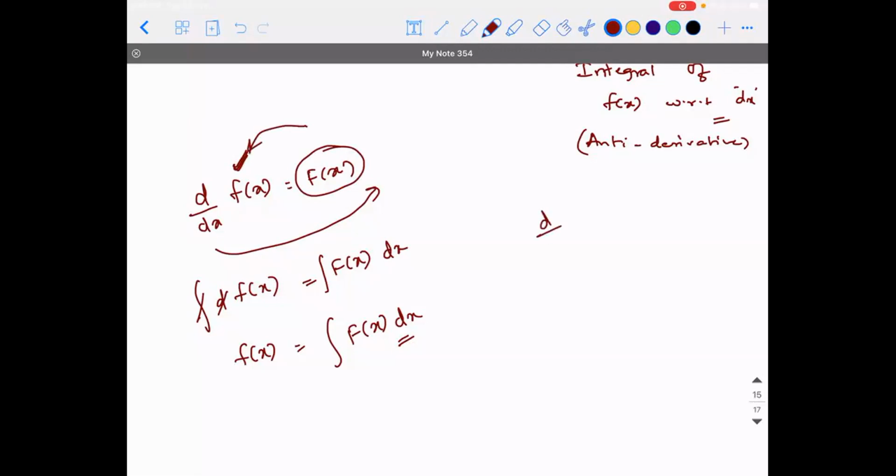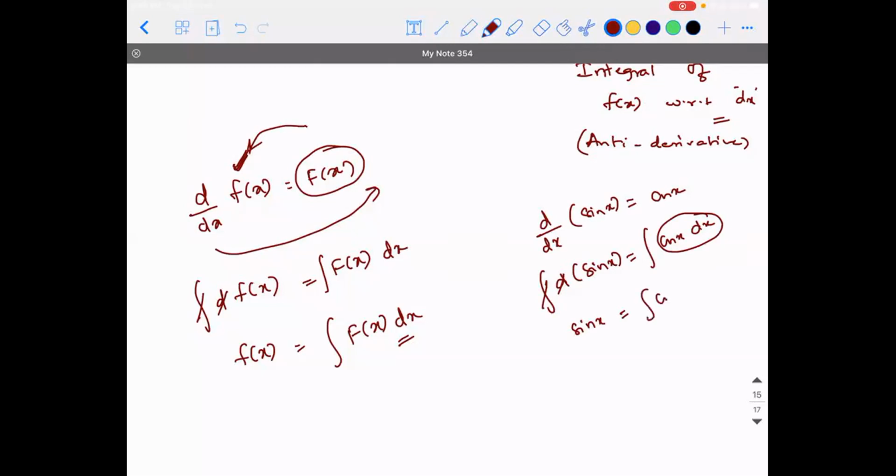For example, d by dx of sin x is how much? Cos x, right? So derivative of sin x is equal to cos x into dx. Can I write it like this? Now, if I integrate on both sides, integral and derivative will get cancelled. So sin x will be equal to the integral of cos x dx.